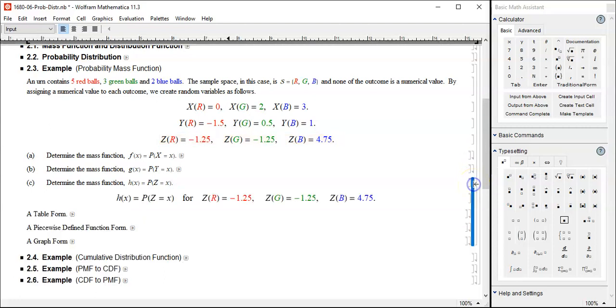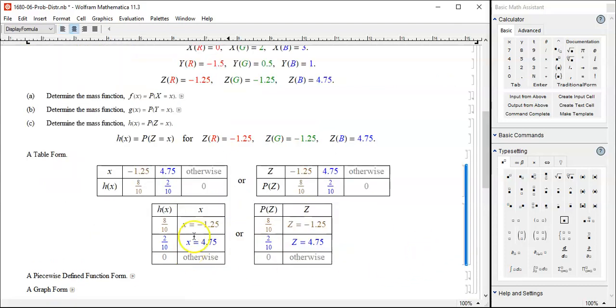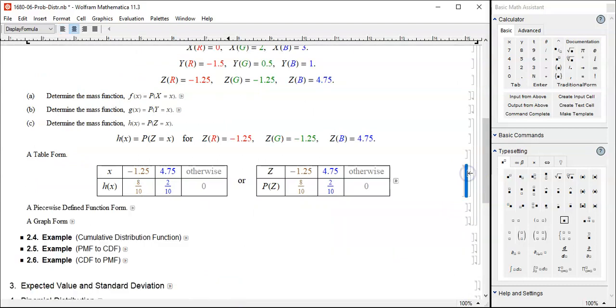We only have 2 possible payoffs, negative 1.25 and 4.75. Negative 1.25 is either red or green, so 8/10. 4.75 is blue, that's 2/10. Otherwise, 0. You can do this horizontally like this or in vertical form. It doesn't matter. They are pretty much the same.